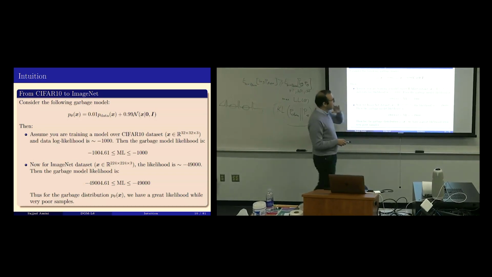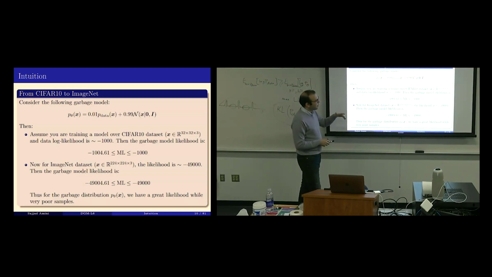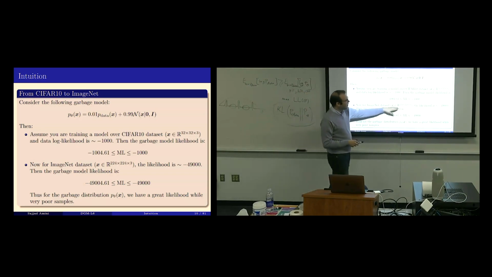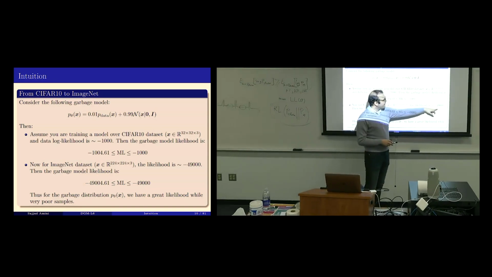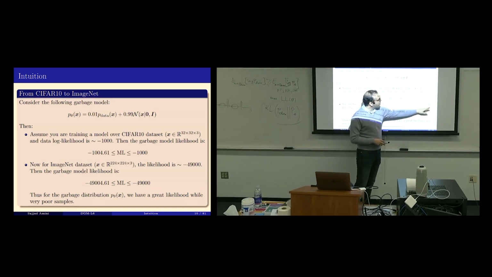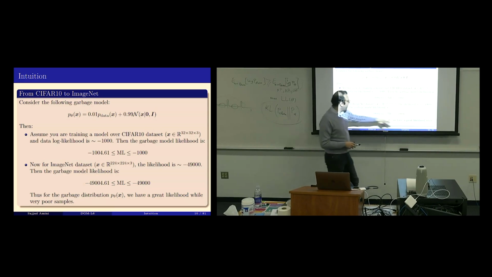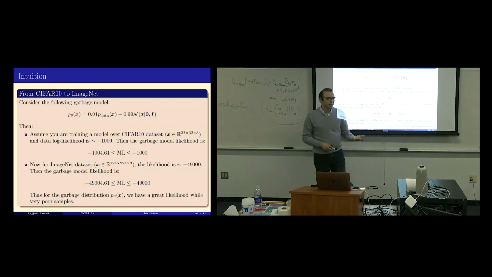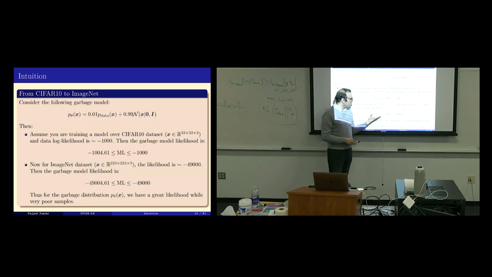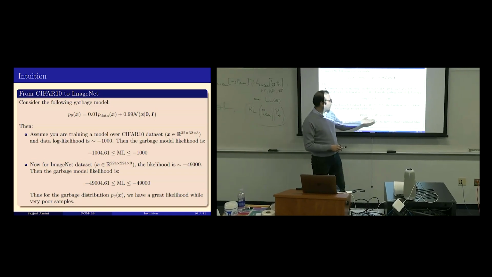But the situation becomes worse when you think of ImageNet dataset with this dimension, where the likelihood is around this number. What happened here? The garbage model likelihood is between these two numbers. So the garbage model is almost the same as your data likelihood. It means that the best value you can achieve is the data likelihood here.